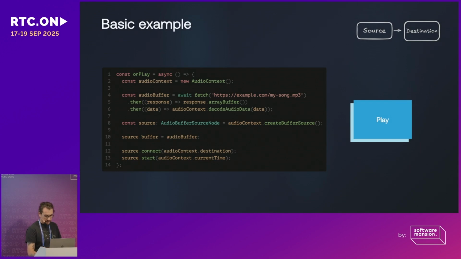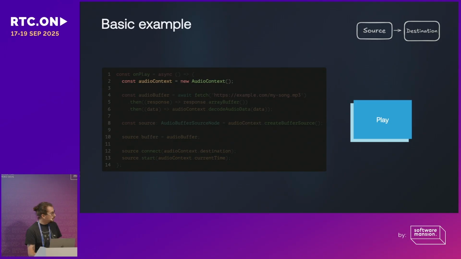With that in mind, let's check a basic example. As I have explained at the beginning, we have to start by creating an audio context first. For this example, we have to obtain the audio data somehow. Here we can simply fetch it.